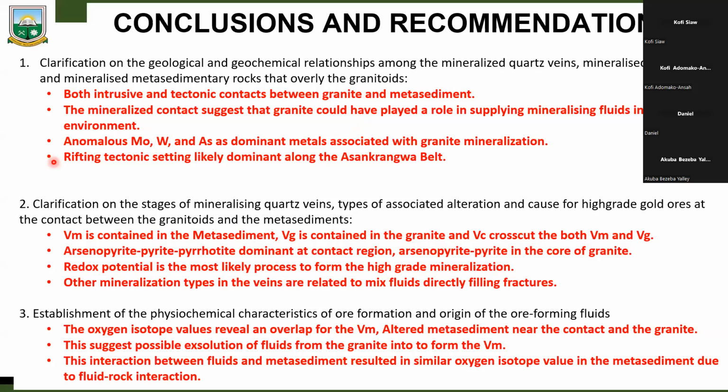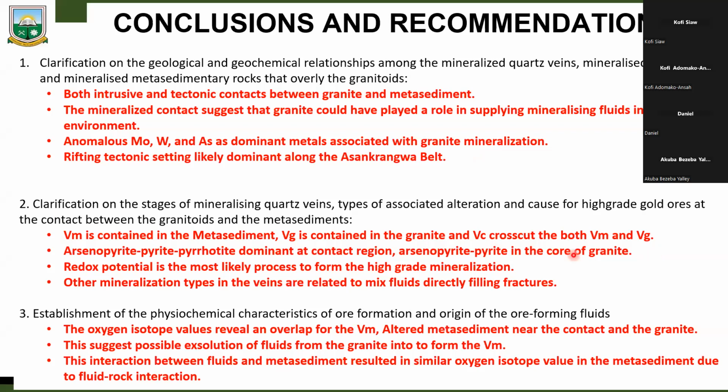Then number two, the conclusion based on the second objective was that we could identify VM, VG, and VC vein relationships. There are other sets actually, but these we consider to be the major ones that influence the mineralization in the deposit.